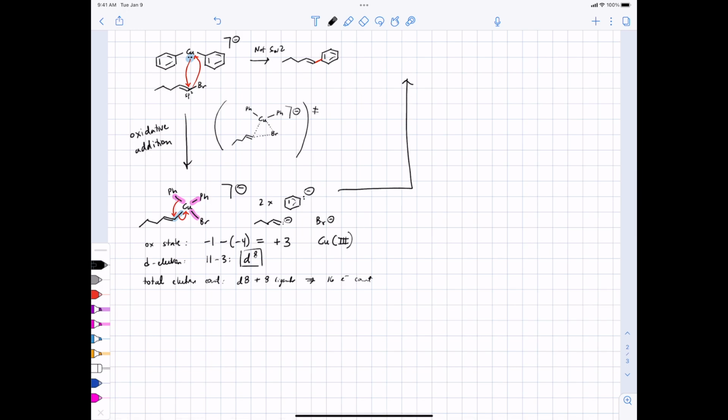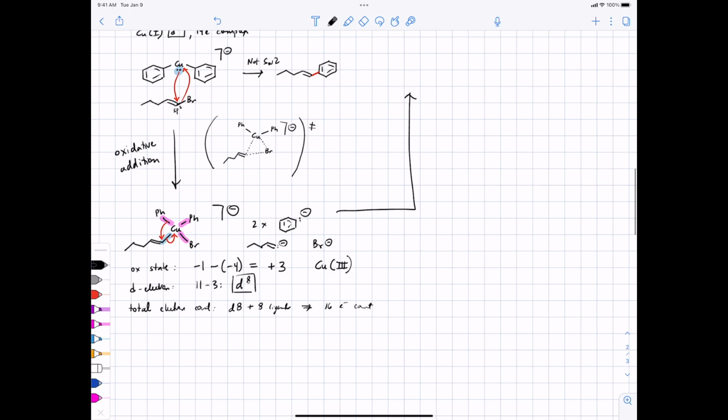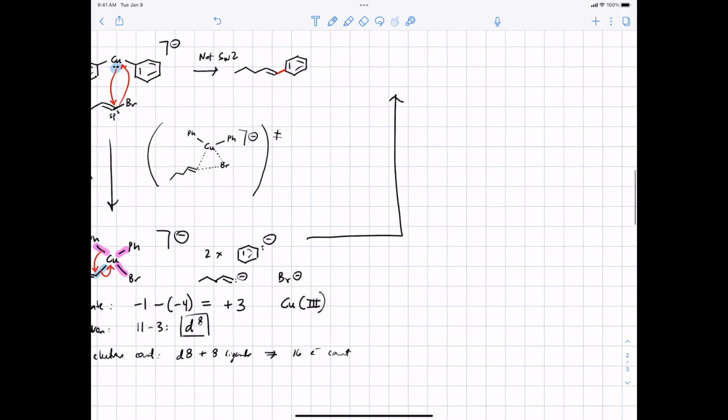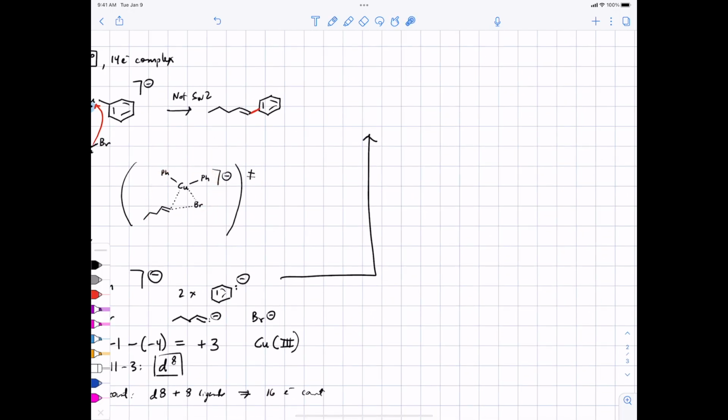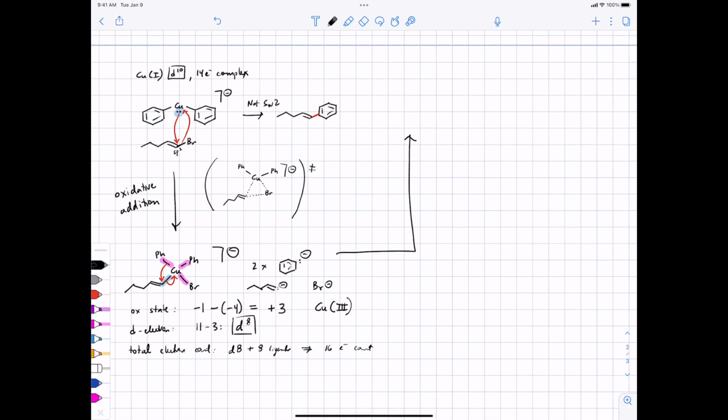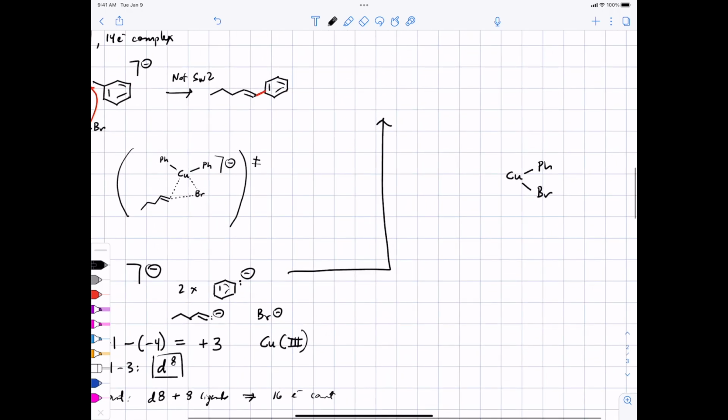The transition state would look something like this. It's going to actually look very similar to this transition state. You've got copper, bromide. This copper alkene bond is breaking, so we're going to have a double bond there.